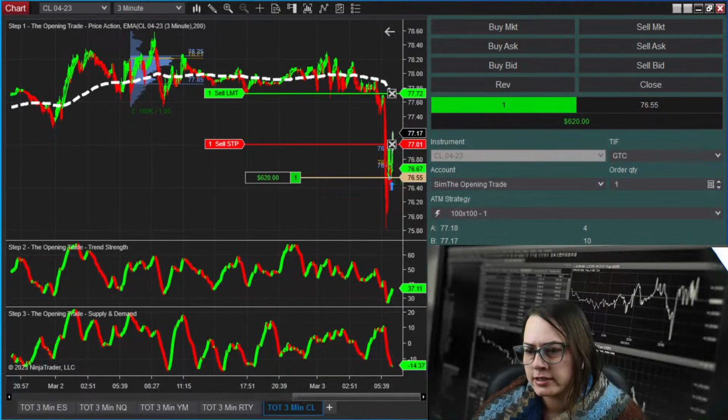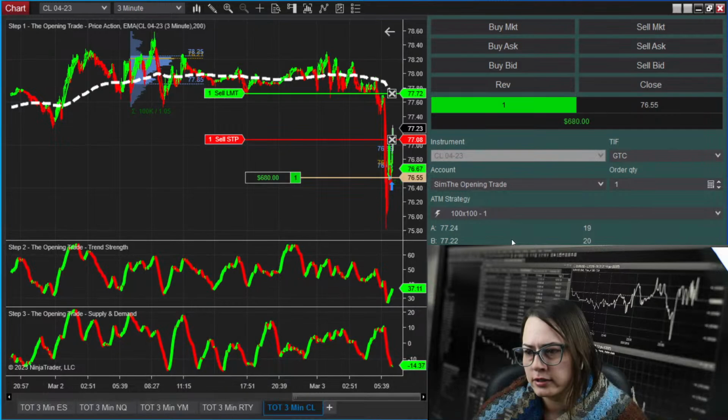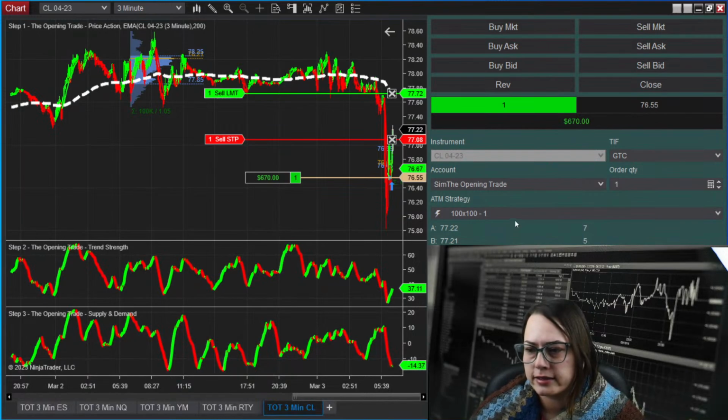And I had to move it up quite a bit because it's jumping up again. And again, we'll be moving it up a few cents now. Oh, close enough. I'm trying to stay like 15 cents behind the market there.